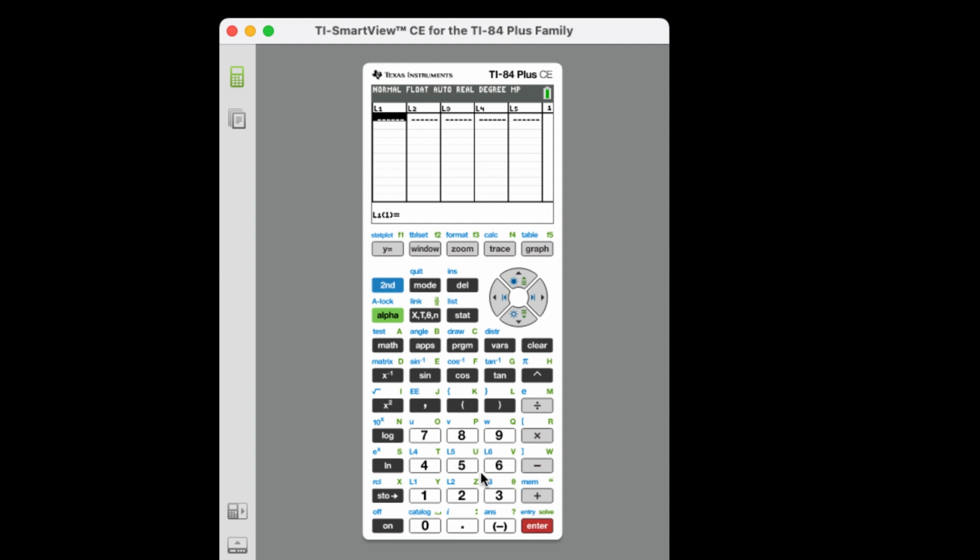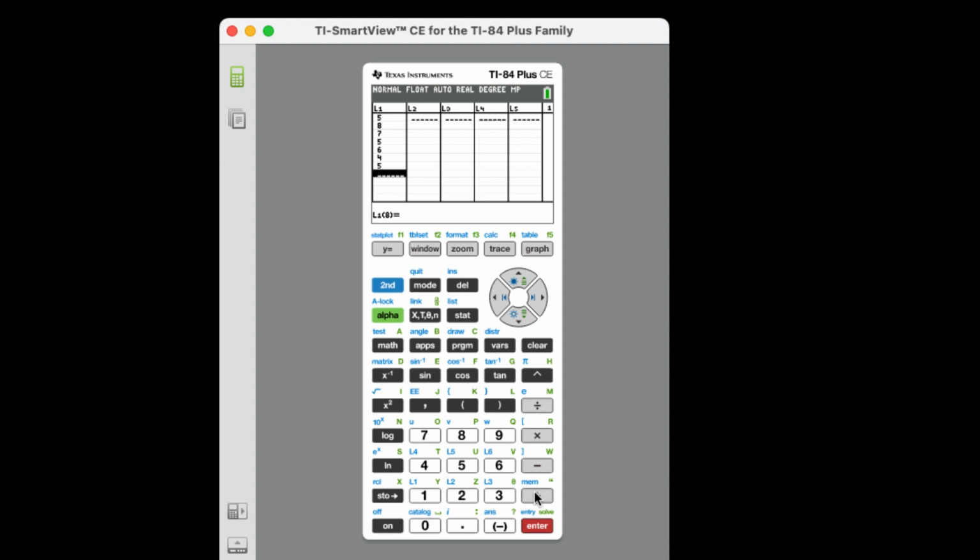Enter the data. 5. What's the next value? 8. What's the next value? 7. What's the next value? 5. And then a what? 6. And then a what? 4. And then a what? 5, ladies and gentlemen. You enter this data into L1, the list. You had a test on that. It's coming back.